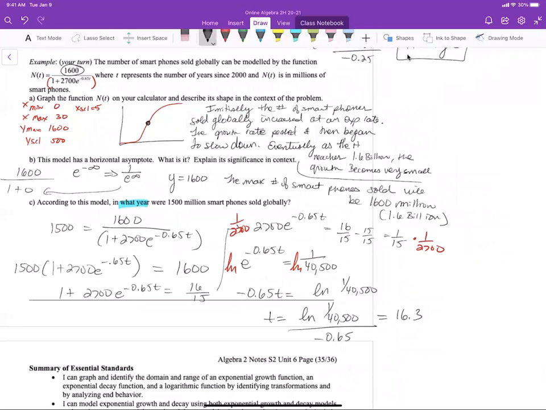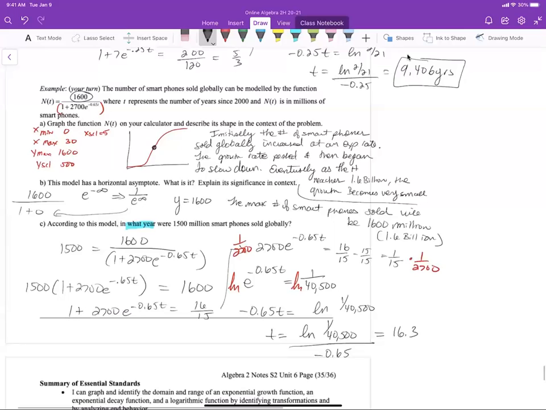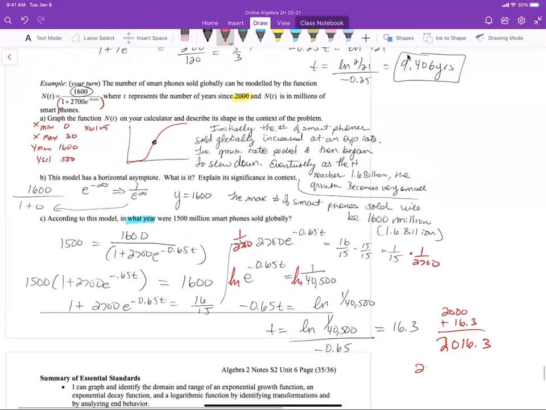So this occurred, let's see, when did this start? This started in year 2000, based on the problem. So I've got to take year 2000 and add 16.3, and I will find that to be year 2016.